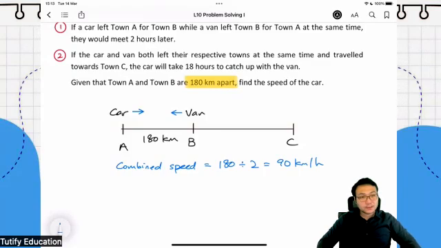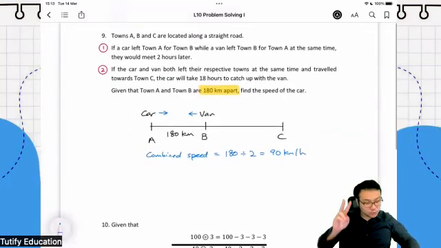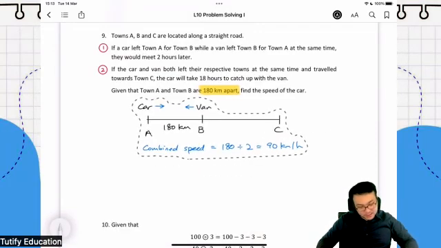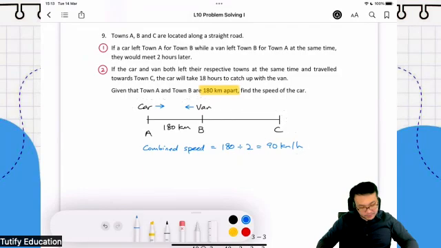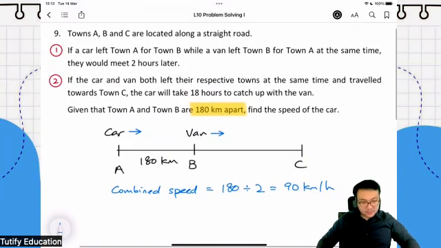Okay. Now, can I ask Yongjun? Yongjun, let's look at scenario number 2. Look at scenario number 2 together with me. Now, in scenario number 2, what is happening? The car and the van both are traveling towards town C. That means the car is chasing the van, right, Yongjun?